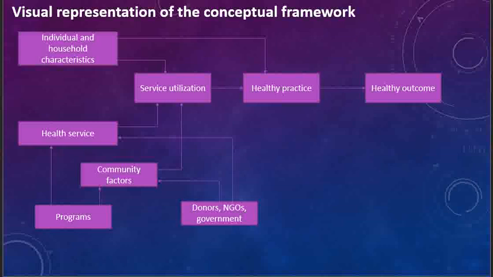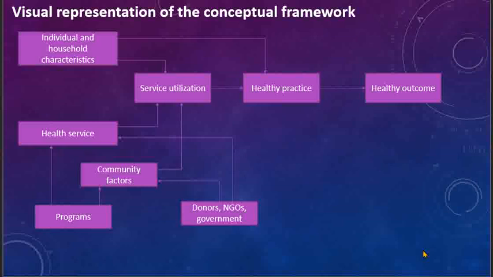Okay, an example. The general goal is improved health or a healthy society. So for instance, let's say the health service that we want to improve is increasing the uptake of COVID-19 vaccine.